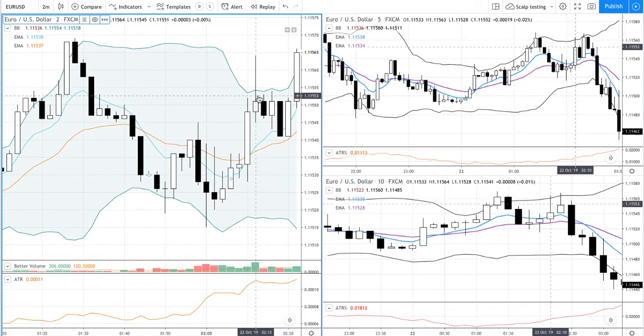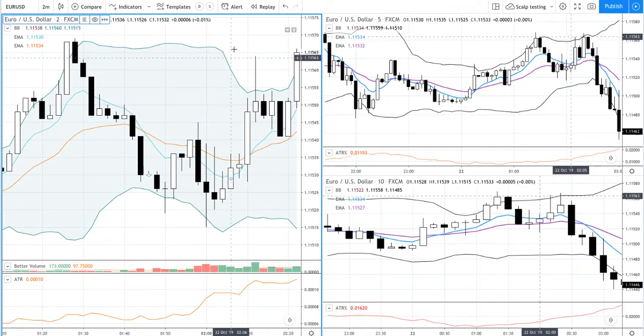So the stop is, let me check my spreadsheet, 1.11565, which is correct, and the entry price is 1.1154.